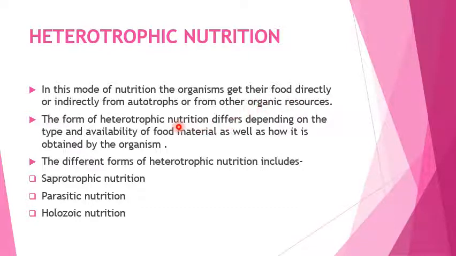The form of heterotrophic nutrition differs depending on the type and availability of food material as well as how it is obtained by the organism. On the basis of these criteria, we have the following modes of heterotrophic nutrition: saprotrophic, parasitic and holozoic.